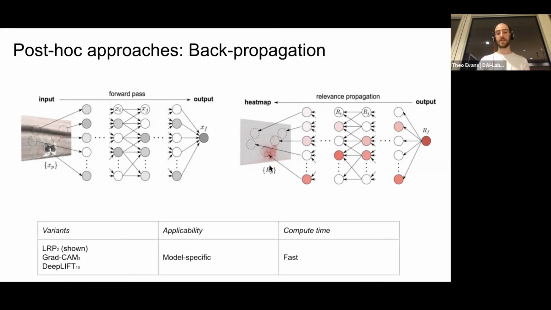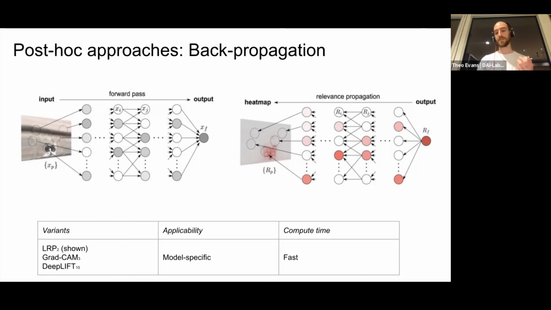And there are many approaches that work upon the same principle, and they are all very fast, in the sense that we are using the inherent back-propagation process that's used in training neural networks.